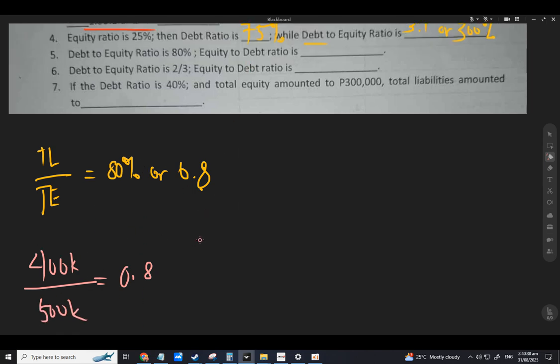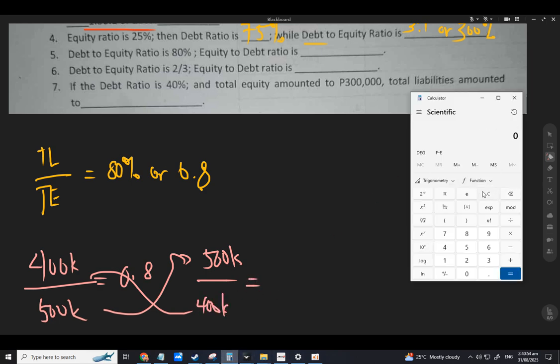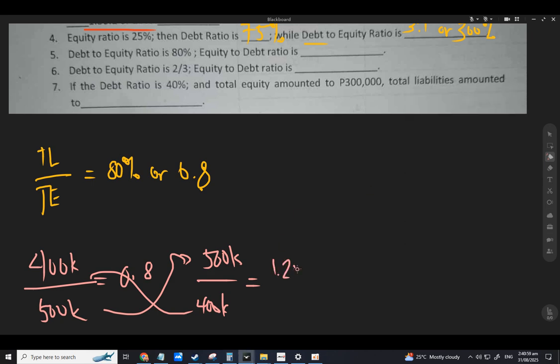Paano pag equity to debt ratio? Gagawin mo lang is, mapapakita ko sa inyo, babalik ko rin. Ang total equity, di ba, 500K. At ito naman, yung nasa baba, 400K. Ang lalabas dyan ay 500,000 divide mo ng 400,000, 1.25. Di ba? Ang equity to debt ratio natin is 1.25 is to 1 or 125%, right?